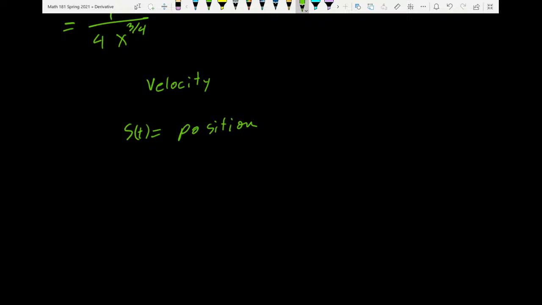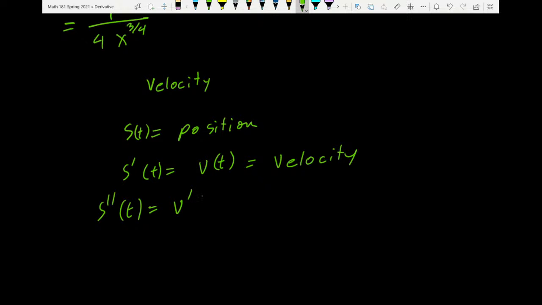The derivative of position is velocity in respect to time. That's the velocity. Double derivative, or derivative of velocity, is the acceleration, which is always constant in gravitational pull. We call it acceleration.